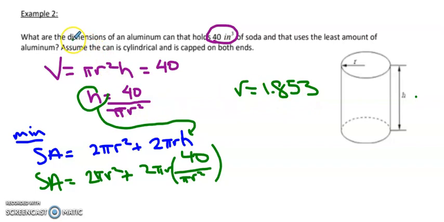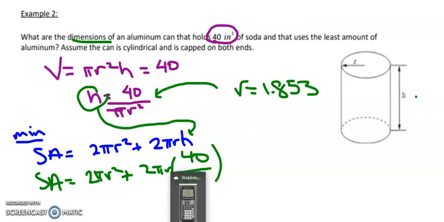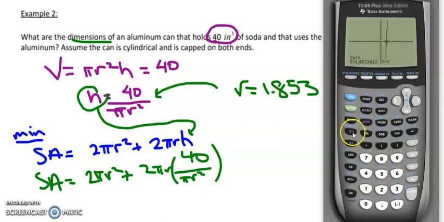So they asked us the dimensions. That means my radius is 1.853, and I need to plug that in to my height expression in order to get the height, because they want both the radius and the height.